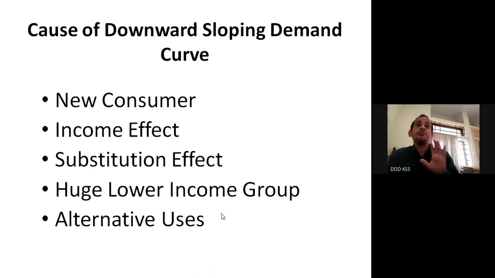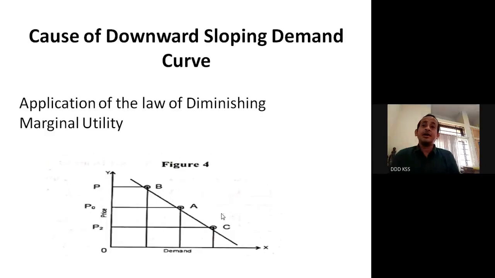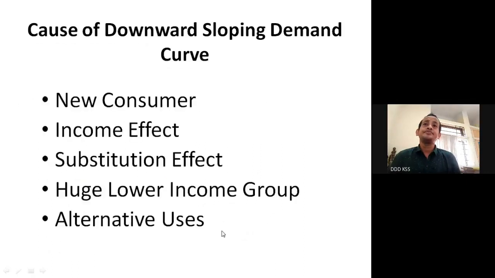These are some causes due to which the demand curve has a downward slope or downward movement. Here you can see the downward movement. This is the demand curve having a downward movement.